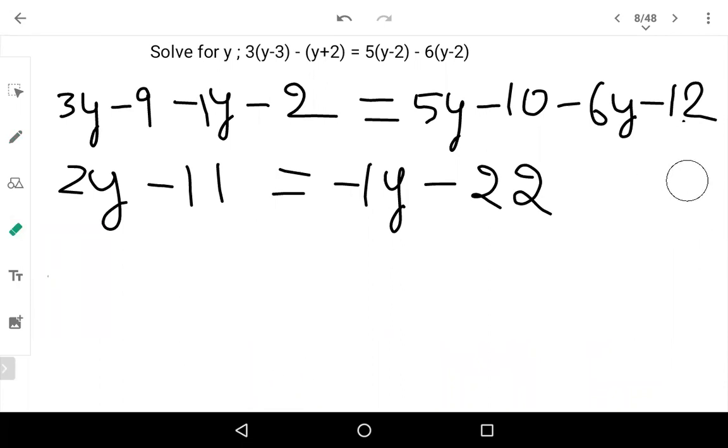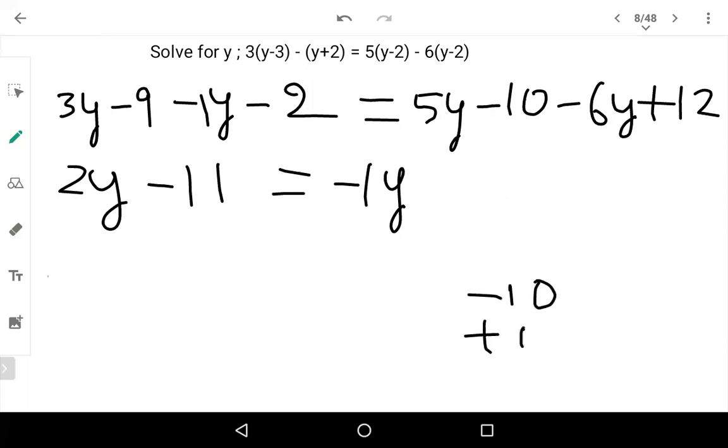Did you all understand? Wait, from where did you get 12 plus 12? I told only this is going to become plus 12. Now if this is plus 12, this will also change. You have minus 10 plus 12, so you're going to have plus 2.